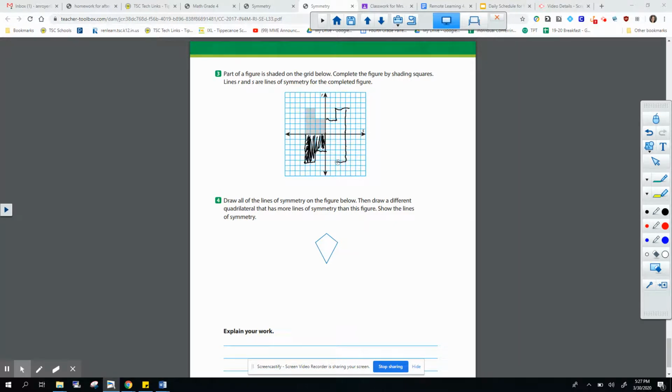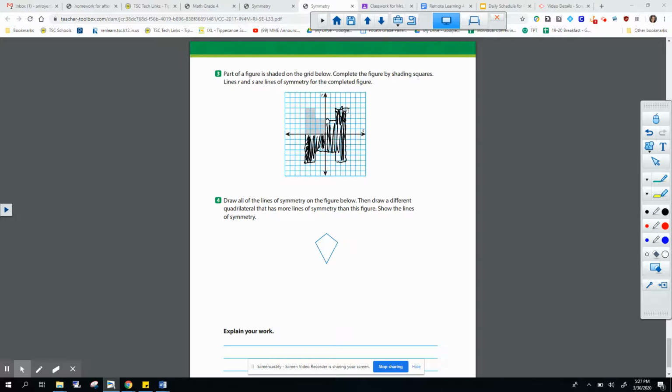I'm going to go over 2 like this, and then up 2, and then over. So it should look like that, and you can shade that in. So now your shape should look symmetrical, kind of like an H.